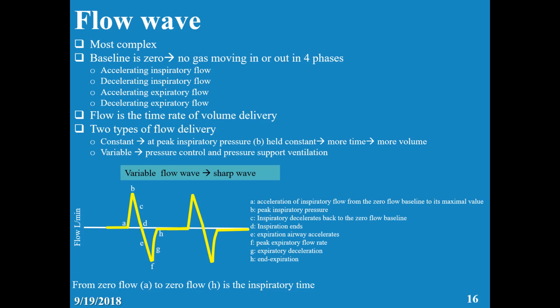Sorry, doctor, can you show us a graph of volume control also, to know the difference? No, you'll see. We didn't talk about the control yet. I showed you the volume graphics, the pressure graphics, and now I'm showing you the flow graphics. You will see each mode and the flow of everything, each complication.